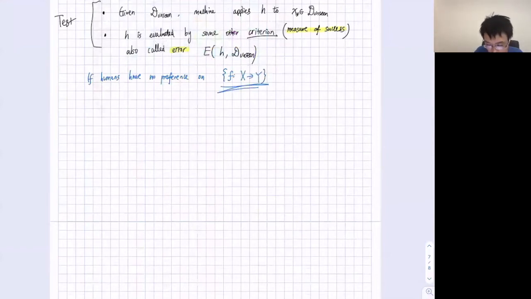Yes, the set exists. So if we have no preference on the function, on any function, then machine learning is impossible.